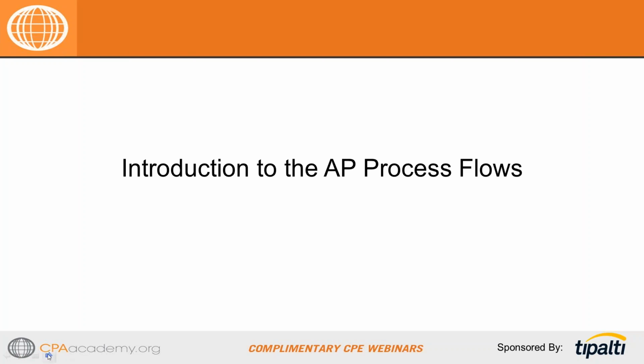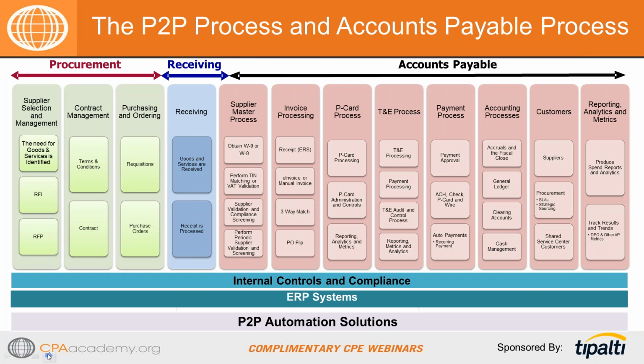All right, so now if we start peeling back the onion and look at accounts payable, we start with the procure to pay process. And at the top of the food chain is procurement, and that's where we have supplier selection and management, contract management, purchasing and ordering. And then we're going to be receiving goods or services and processing that receipt within the receiving process.